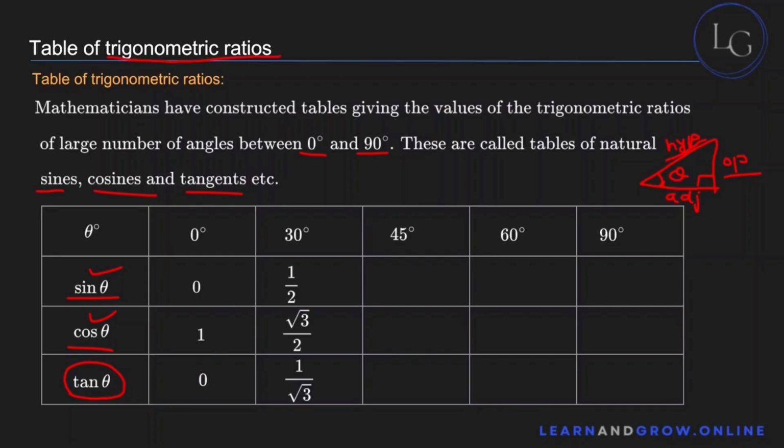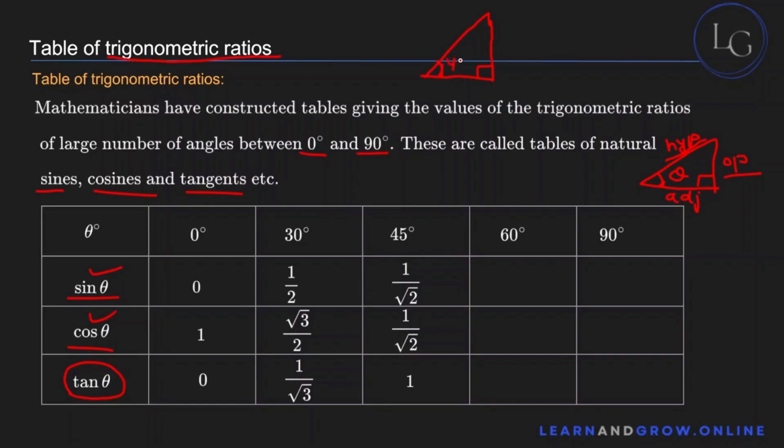Now, let's talk about sine 45 first. Sine 45 means that you have basically an isosceles triangle. Say that this is your 90-degree angle, then these other two sides must be equal in length, right? So this will be 45.